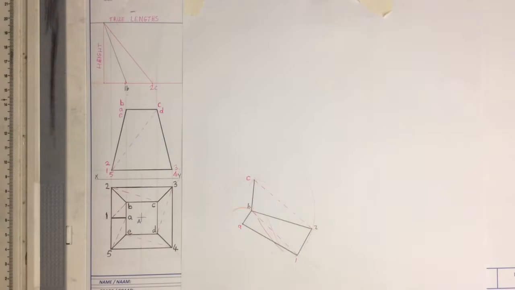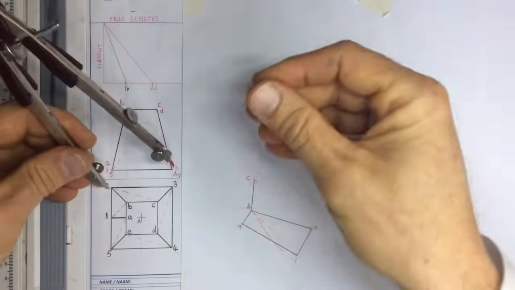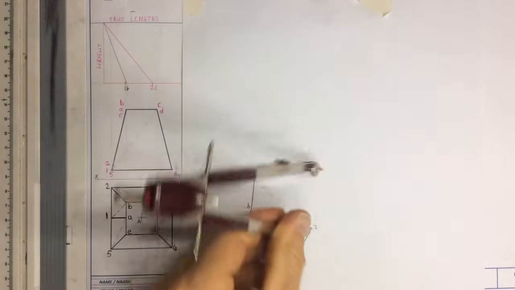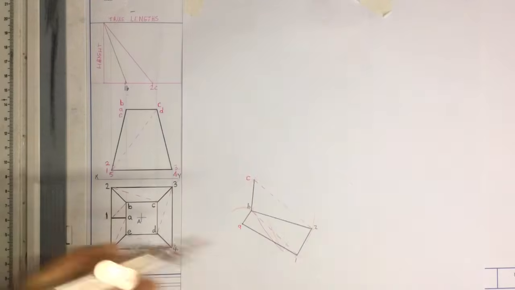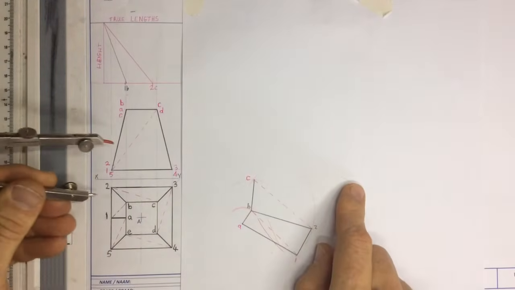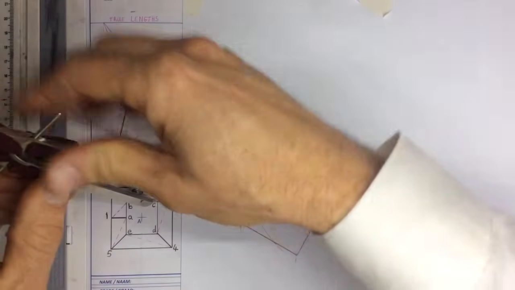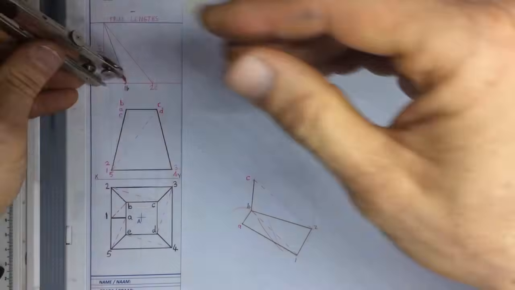Right, my next step is to go from 2 to 3. Take my true length distance over here from 2 to 3. From 2 to 3, draw an arc. Somewhere along that arc, I'm going to have 3. Do I have a true length distance of C to 3? No, I don't, so I need to take that to the graph.